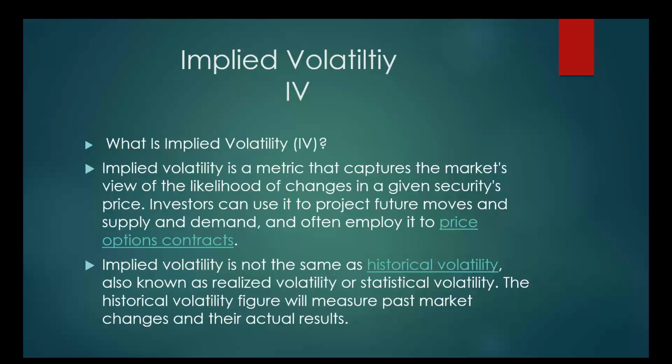The historical volatility figure will measure past market changes and their actual results. In other words, what is the volatility of my stock? It went from 100 up to 120 in a certain period of time. Okay, so the volatility was about 20%.